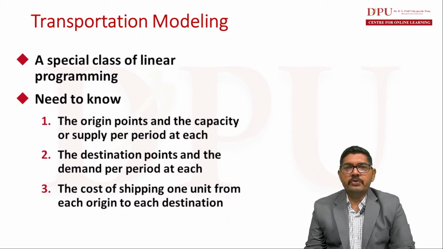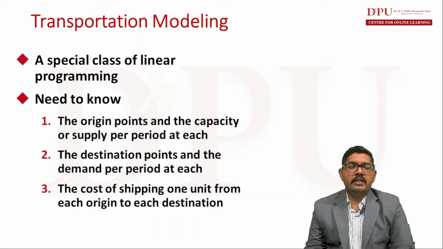What data should we have in order to formulate a transportation problem? We should know all the origin points, where the goods originate, that is the manufacturing facilities, and the capacity or supply per period at each. We should also know the supply capacity of each of these manufacturing facilities.